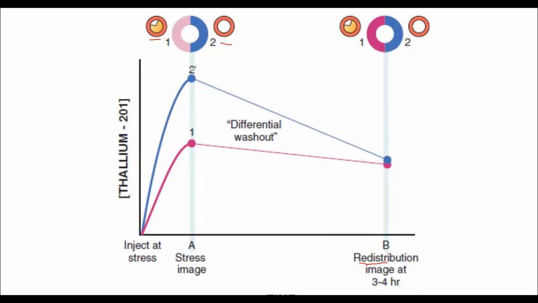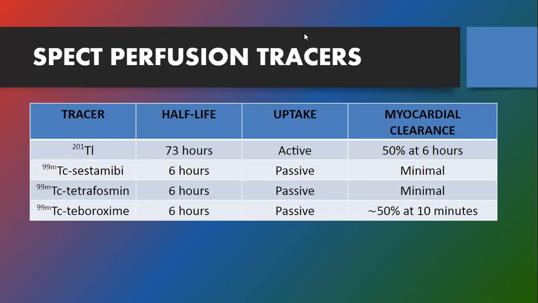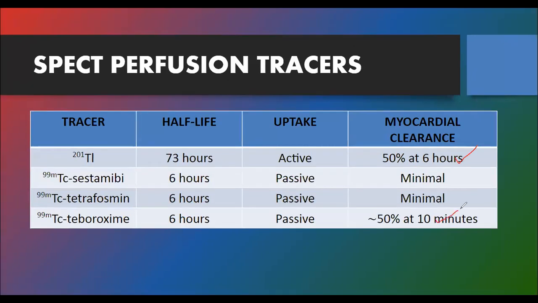This redistribution occurs for thallium and the technetium teboroxime, but not for sestamibi and tetrofosmin. A technical point if you want to remember.